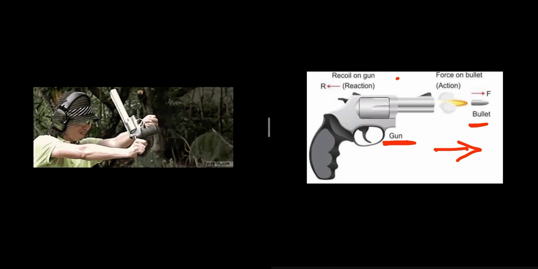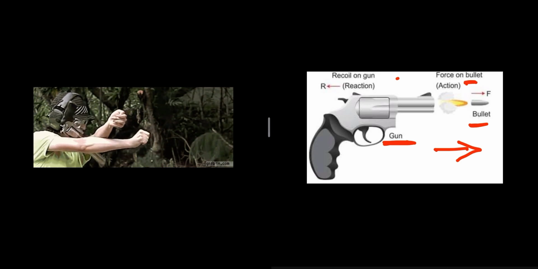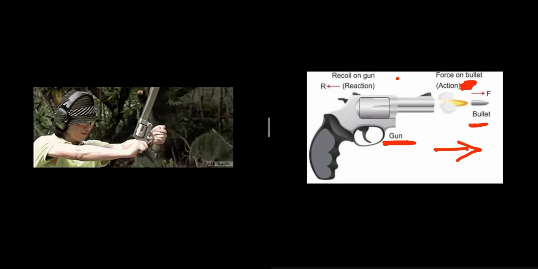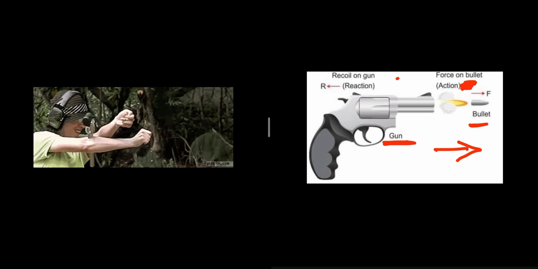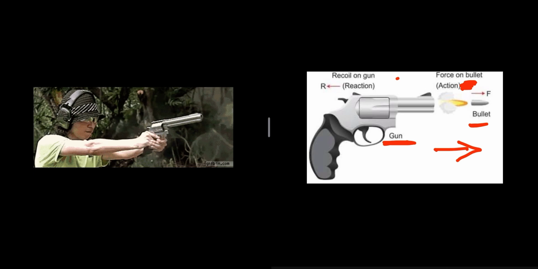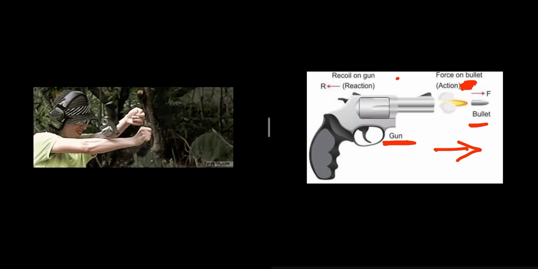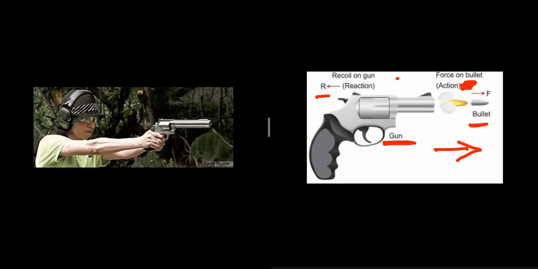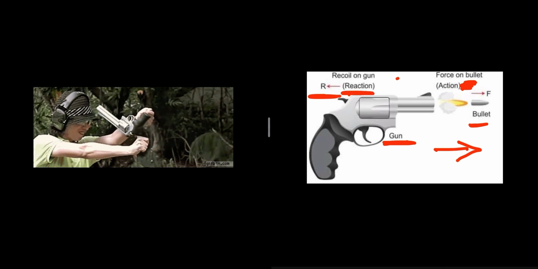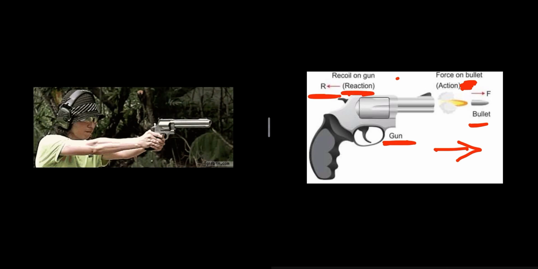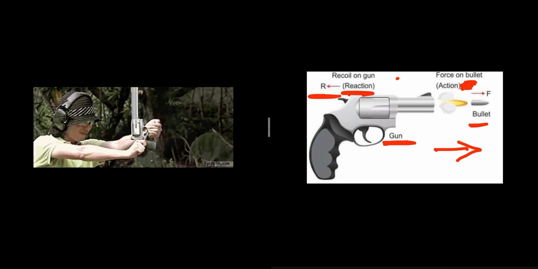That is which force? Action. What do we call that force? Action force. Now in return, this bullet will also apply a force on the gun. In which direction? Backward direction. That is which force? Force of reaction. Again, the action and reaction are equal and opposite.